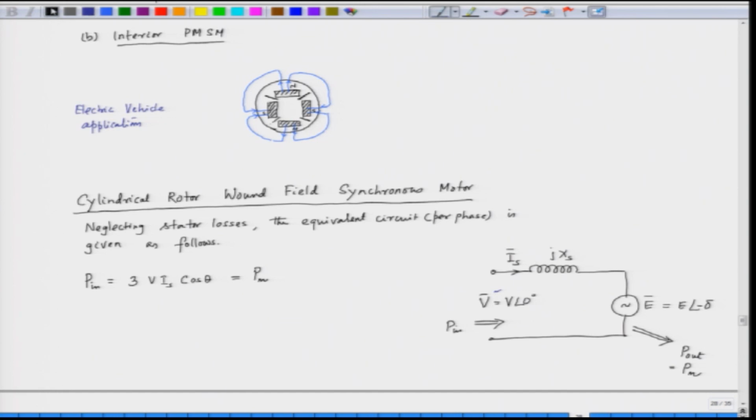By applying KVL, we can write that V is equal to j Is Xs plus E, or we can say that E is equal to V minus j Is Xs. So, we can find the induced EMF by subtracting the drop from the applied voltage. Let us see how we can do that.